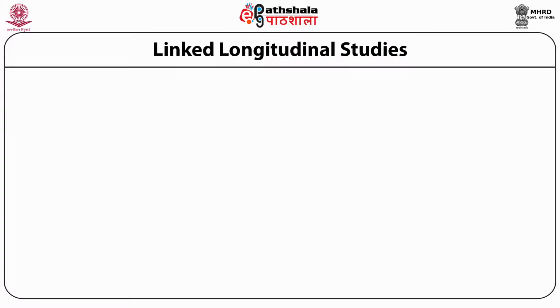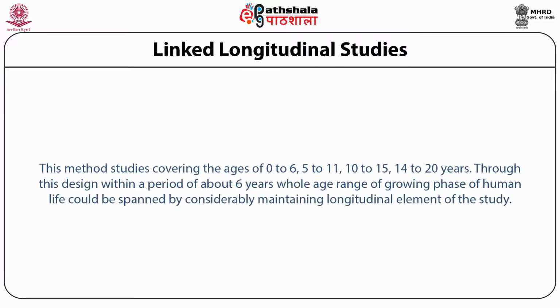Linked longitudinal studies. The linked longitudinal method covers the ages of 0 to 6, 5 to 11, 10 to 15, and 14 to 20 years. Through this design, within a period of about 6 years, the whole age range of the growing phase of human life could be spanned while considerably maintaining the longitudinal element of the study.